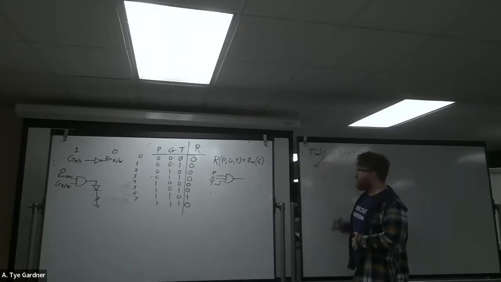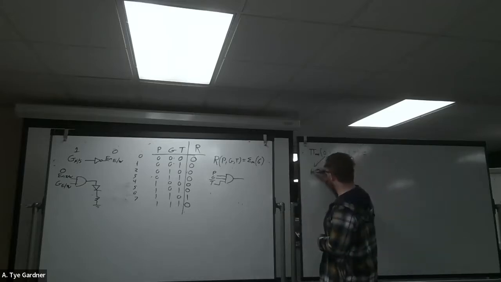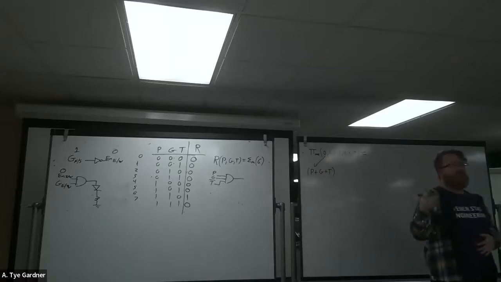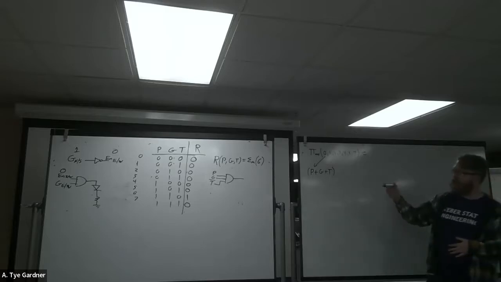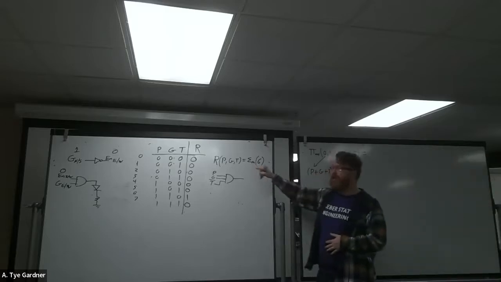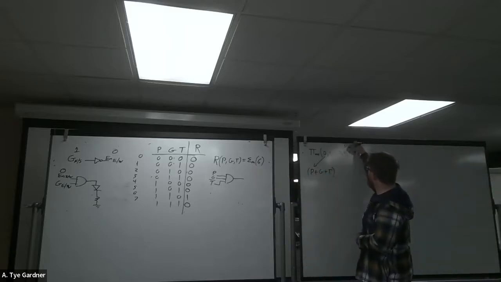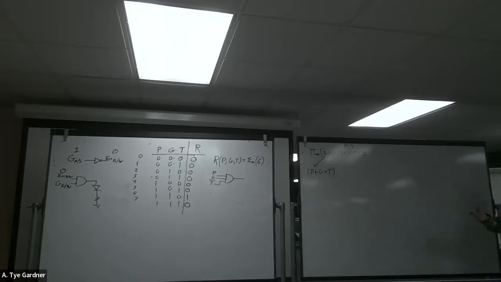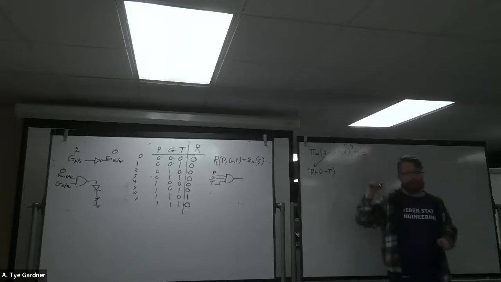So this 0 term is going to become P or G or T, because the sum of products is what results from my min terms. The product of sums is what results from my max terms. Okay, and we can get into the theory of why, but I'm not going to. We just accept this for truth, okay, for now.